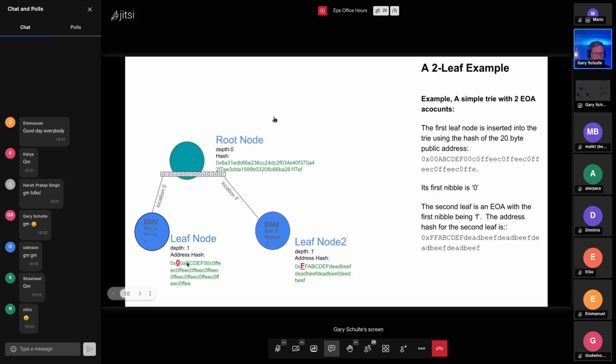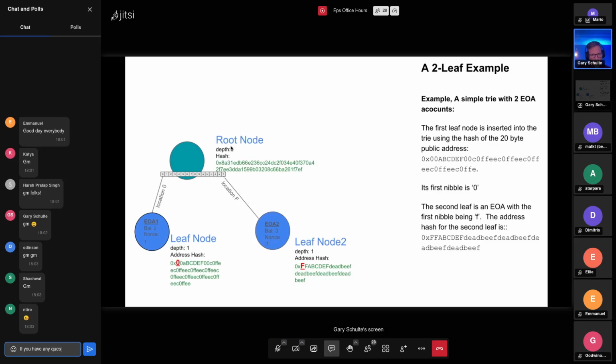Let's say the hash of the EOA1 account is 00 ABCDEF coffee coffee coffee coffee coffee coffee coffee. And similarly, let's say leaf node 2's value hashes to FF ABCDEF dead beef dead beef dead beef dead beef.